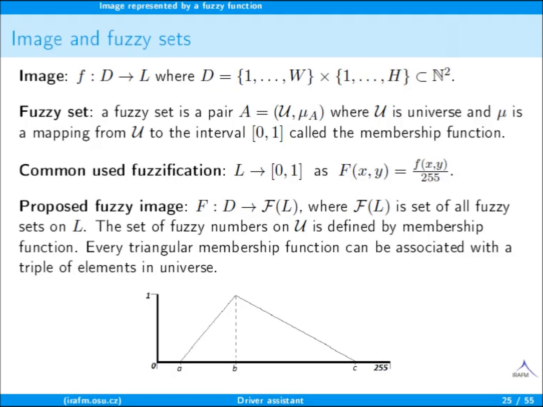We want to replace each pixel crisp value by a fuzzy number. The fuzzy number is a special case of the fuzzy set. For the sake of simplicity, we will use fuzzy numbers with a triangle membership function. The illustration of the triangle membership function is shown in the figure below. You can see that you can define the function using three values a, b, and c.